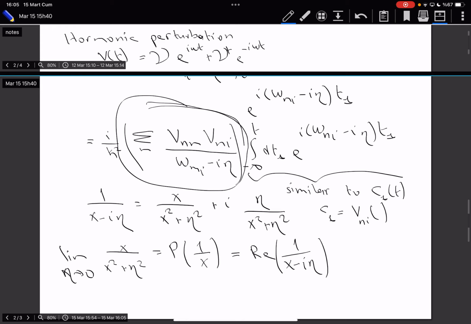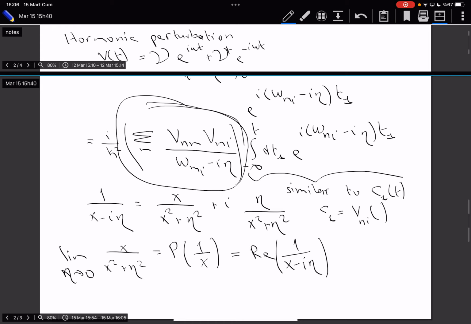And then the other correction is that the state i can make a transition to the state m, not necessarily conserving energy, and now from state m, it can go to state n. Again, not necessarily conserving energy in any of these transitions, but overall, there's energy conservation.